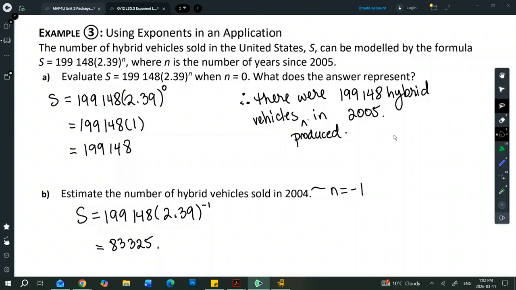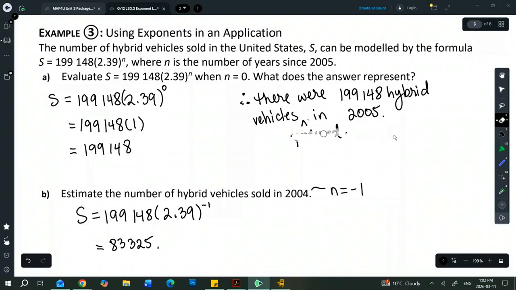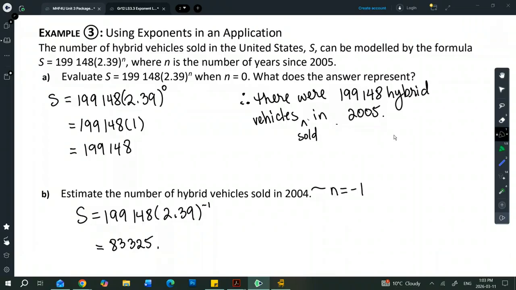Right. Sorry, I put produced here. I should have put sold. Yeah, so it would be 0.5, but of course we can't sell half a car, so then we have to round down in that case, right?